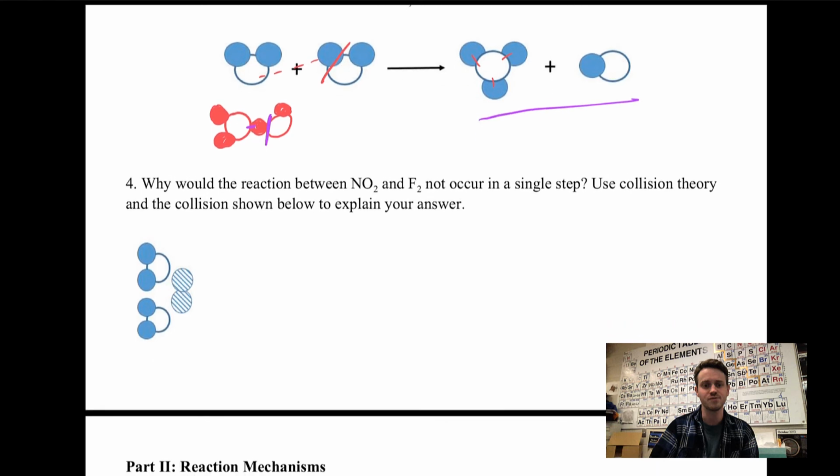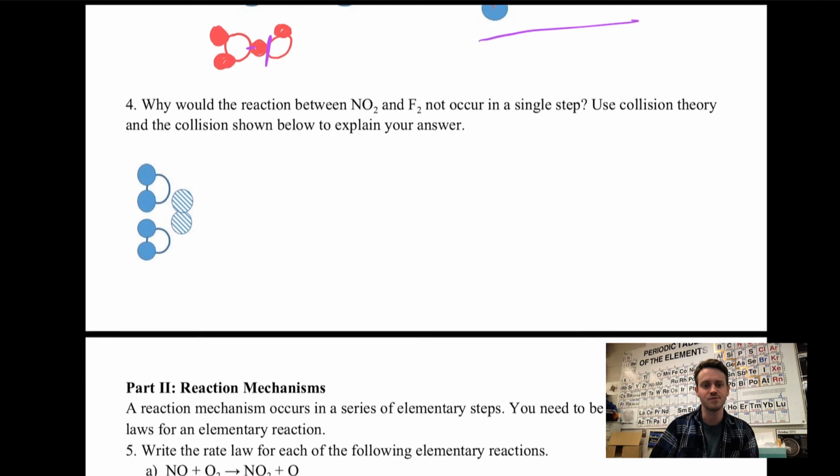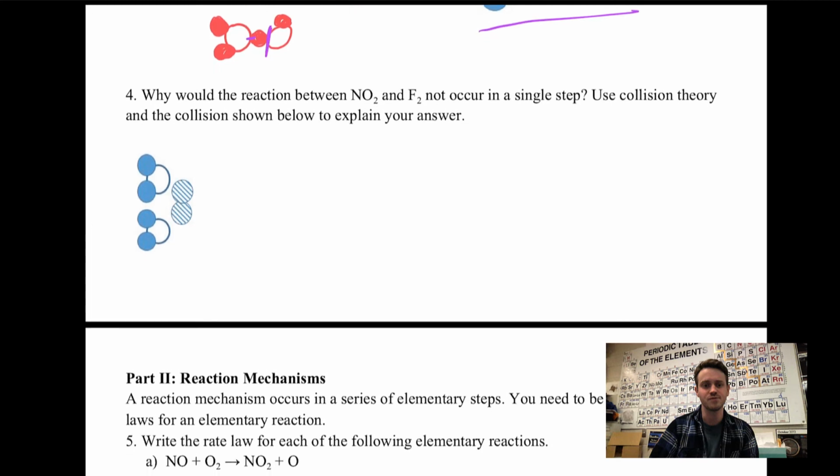Next, it asks, why would the reaction between NO2 and F2 not occur in a single step? Use collision theory and the collision shown below to explain your answer. So this collision below shows 3 particles, so we call that a termolecular collision.